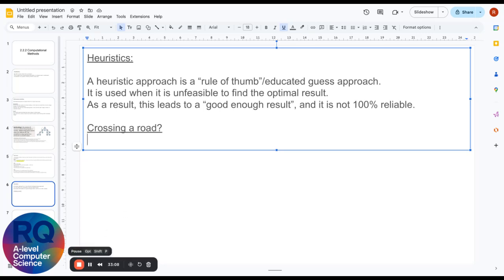and now we're not looking at all the data about, perhaps, a sign on the vehicle speeds being 30 miles per hour. We are not looking at that. We are only looking for the data which is most likely able to help us make a judgment based on experience, or our rule of thumb.